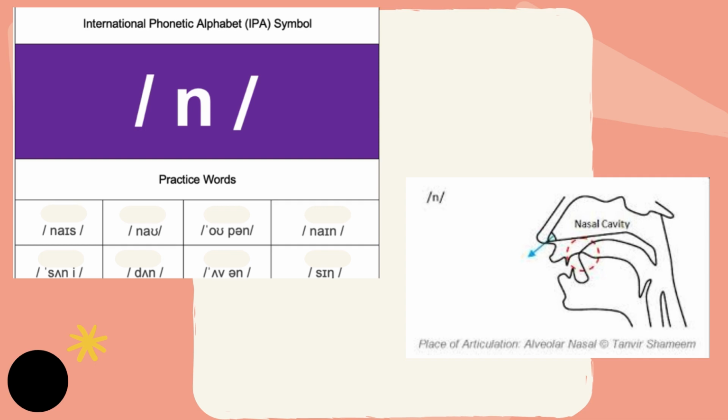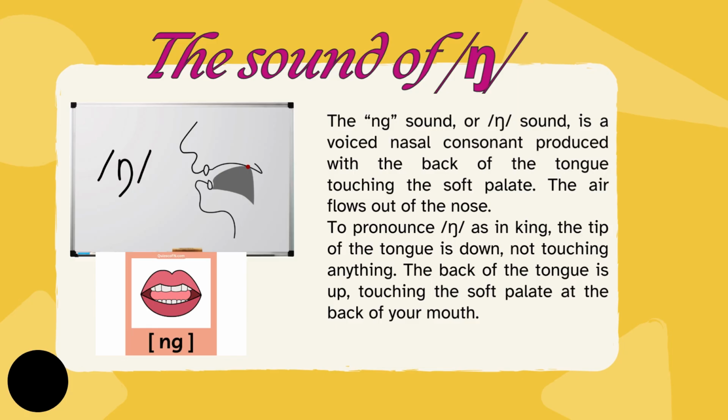Now we have the last sound. It is the ng sound. It's a voiced nasal consonant, produced with the back of the tongue touching the soft palate.